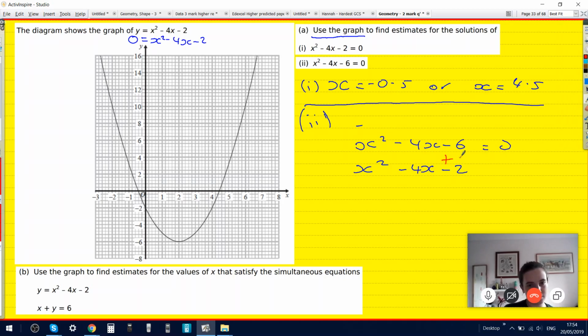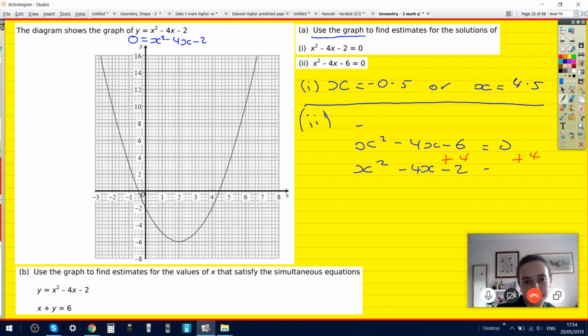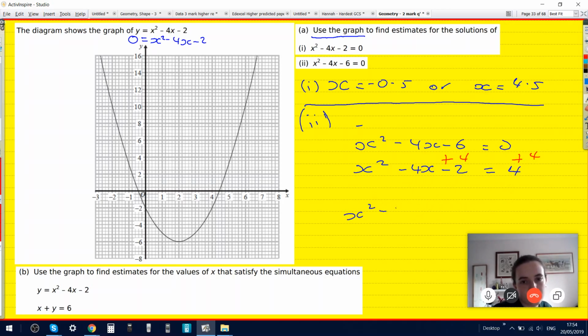Plus 4. So, what's on the other side now? 4. And so that's what you now have to solve using the graph.